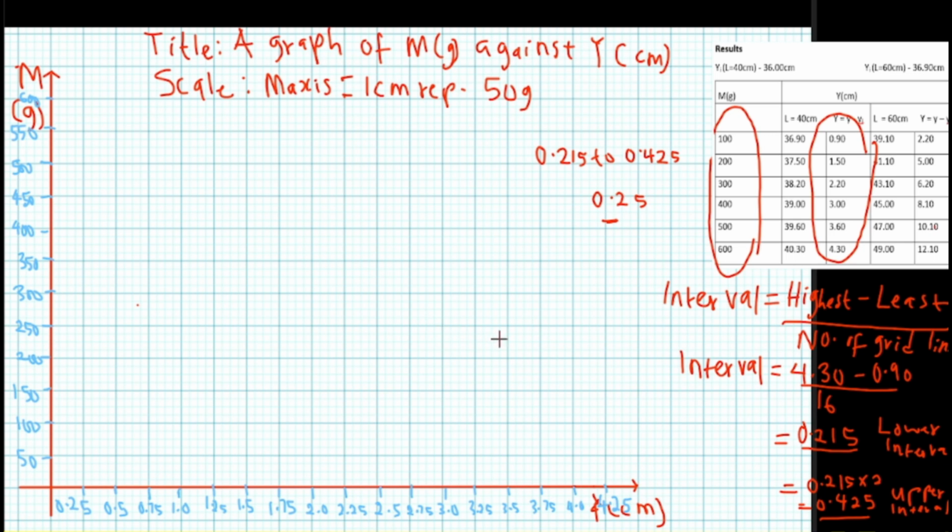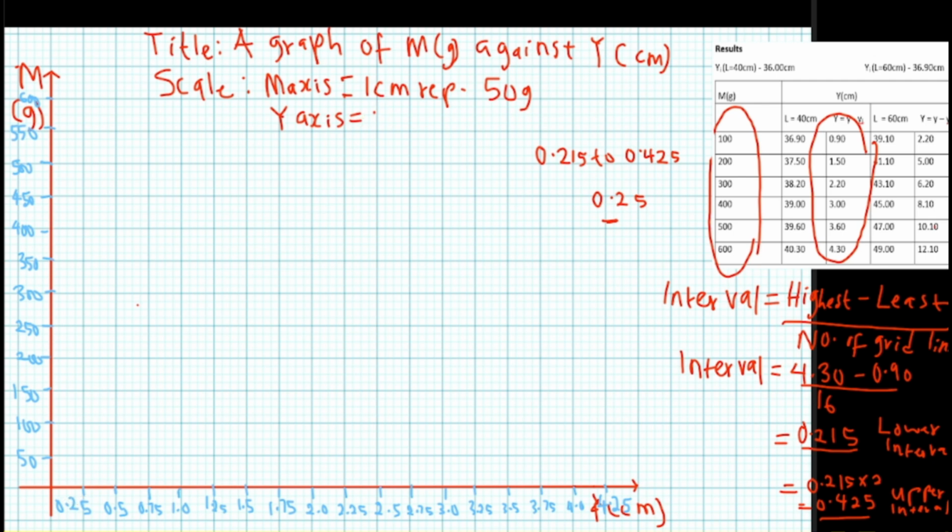Alright, so this is what we have now. So what is going to be the scale for the horizontal axis? So we come down here, we write it y-axis. That will give you, each box here, remember, is 1 cm.